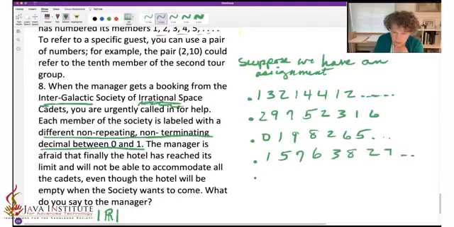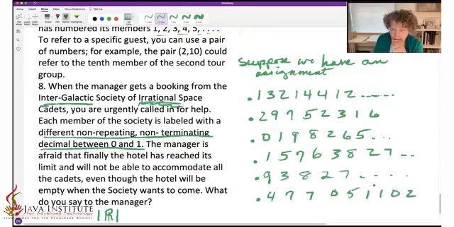I'm just making up numbers here at random. But suppose there's an assignment like that. So these don't repeat and they don't terminate. And we're saying, suppose we have an assignment.